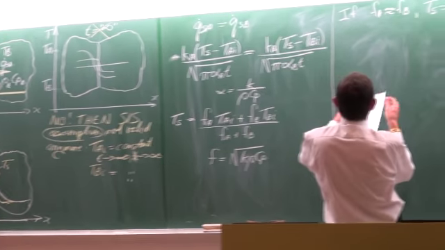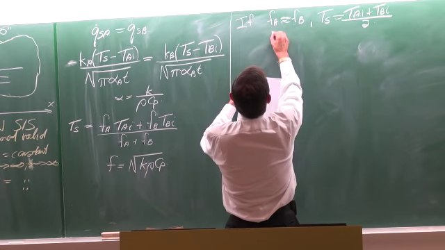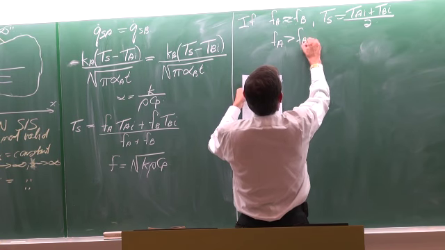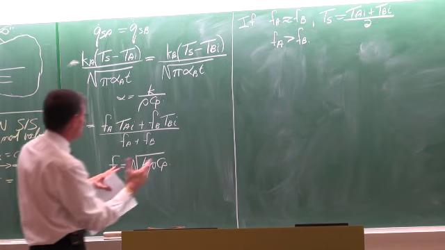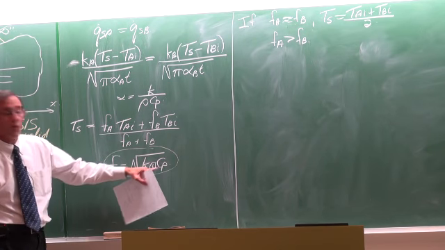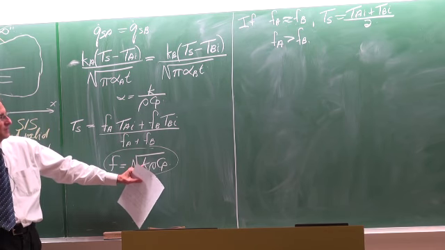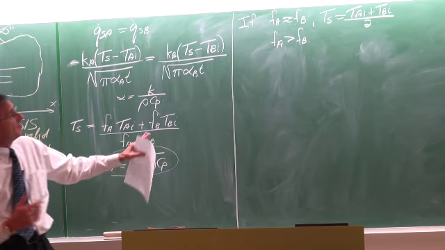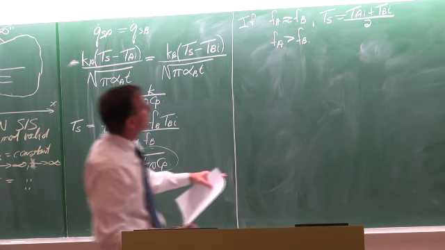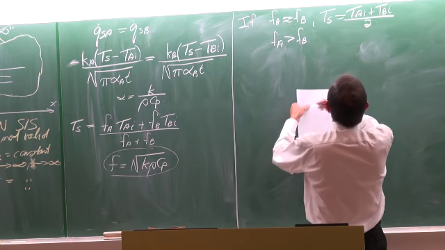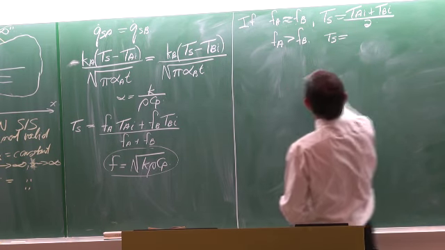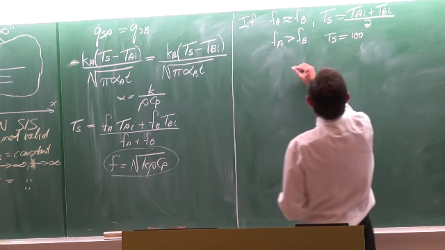Then the other possibility is, let's suppose, the F value of one body, which is determined by K, rho, and Cp, the square root of it, is much larger than that of the other one. So let's look, for example, at the case where it is 100.